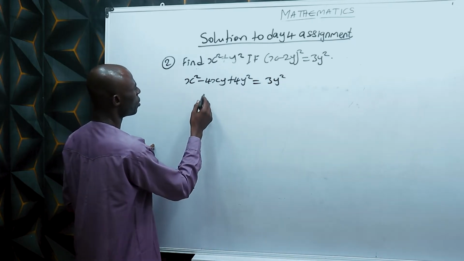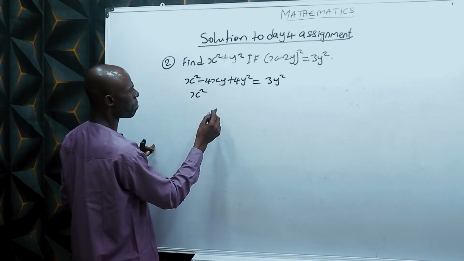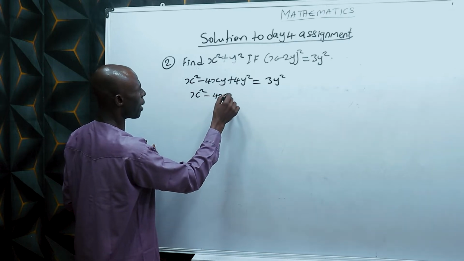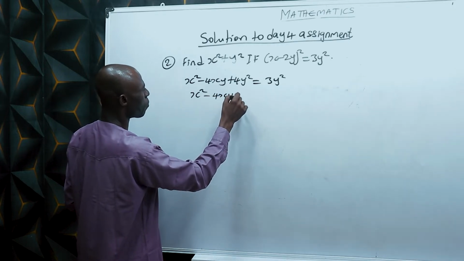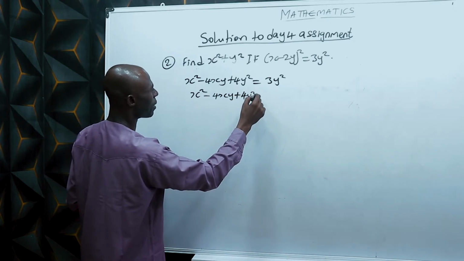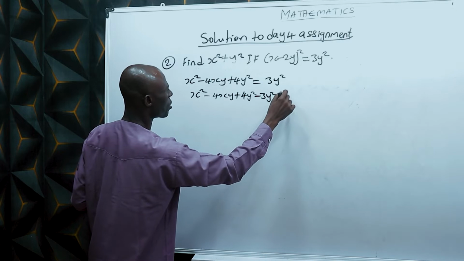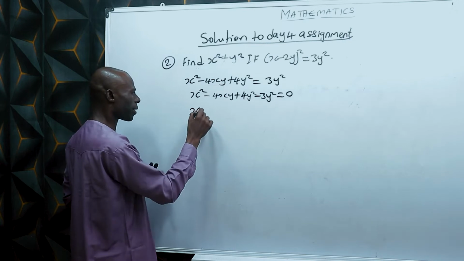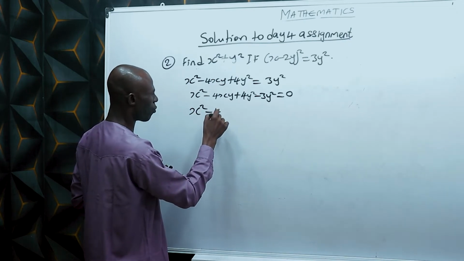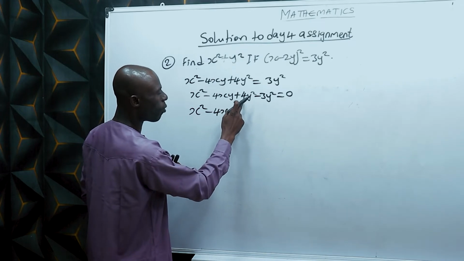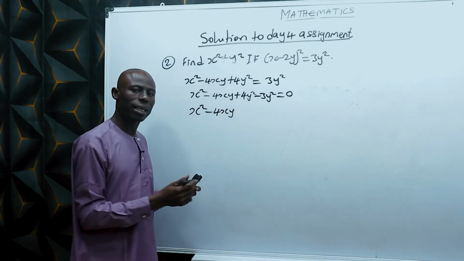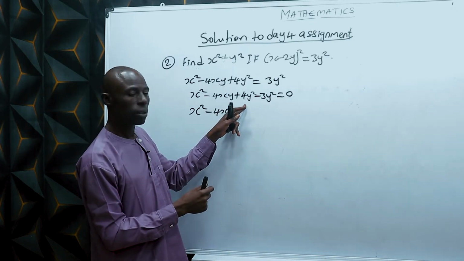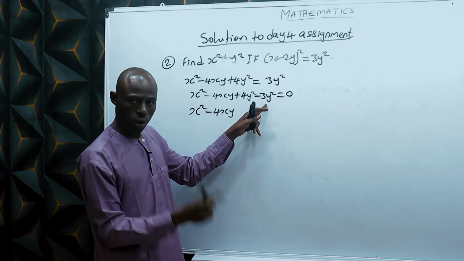So, x squared minus 4xy plus 4y squared minus 3y squared equals 0. So this gives you x squared minus 4xy plus 4y squared minus 3y squared. It is like you have 4 oranges and you owe someone 3 oranges.